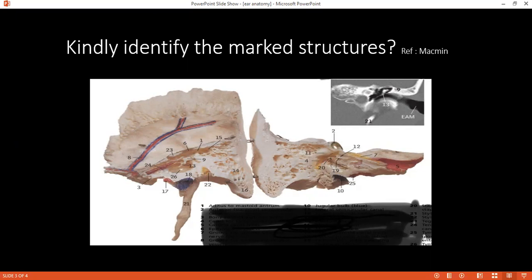Okay, good. If you can look at these and tell me what is this 8, which is colored here? Is it the internal carotid artery, ma'am? Okay, good. And what is this 18 over here?